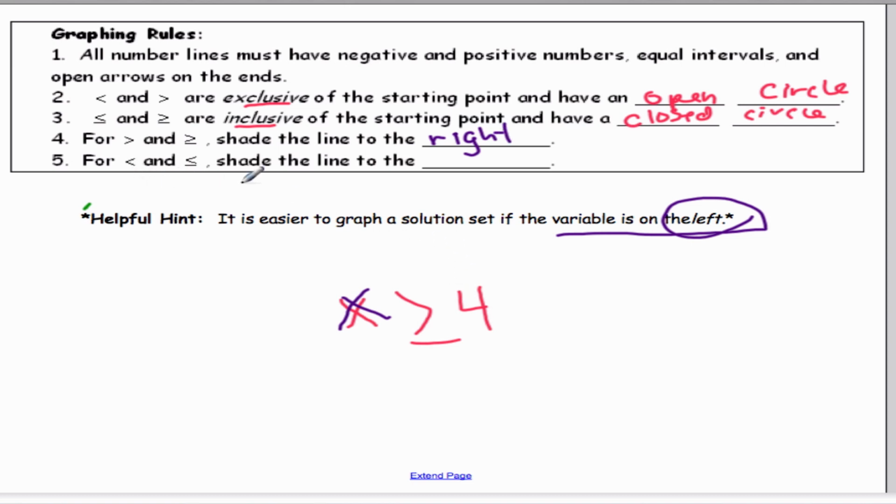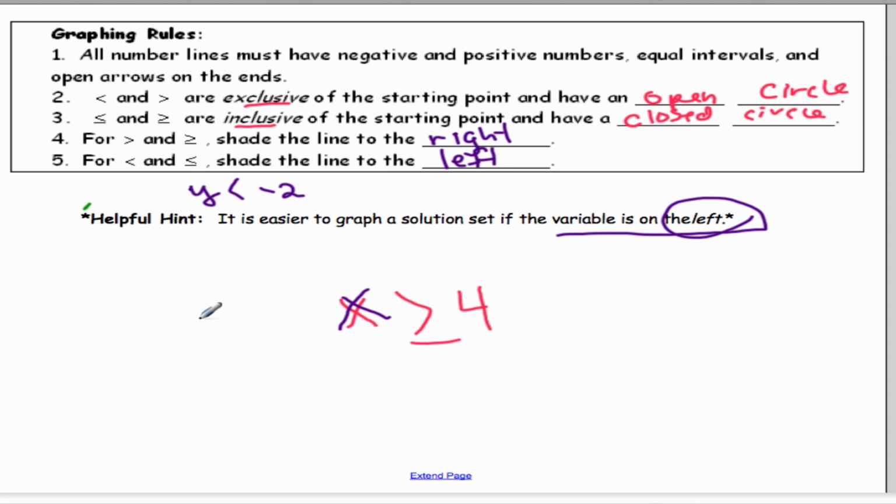If it was set up with a less than, for example, y is less than -2, then if our variable is set up on the left side, the arrowhead appears to be pointing towards the left when we use our symbols, and so we're going to shade on the line towards the left.